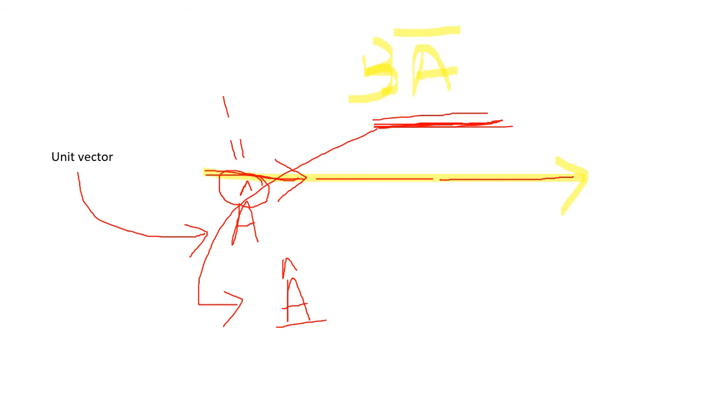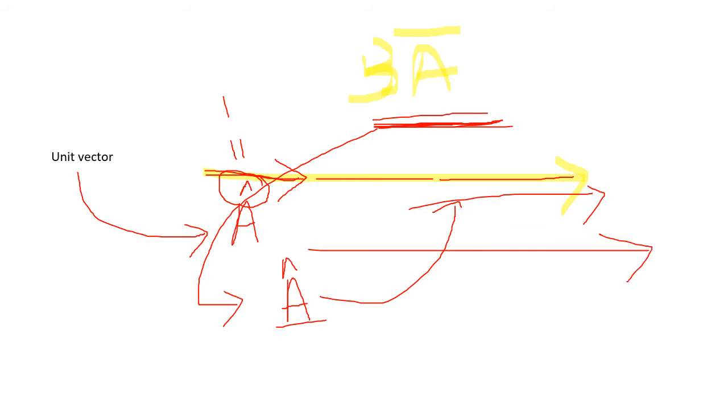Now why are these unit vectors important? Because using this unit vector we can find any amount of the vector along this direction. Fine. So if I want to find the value of a 5 vector, we know a vector is moving in this direction.